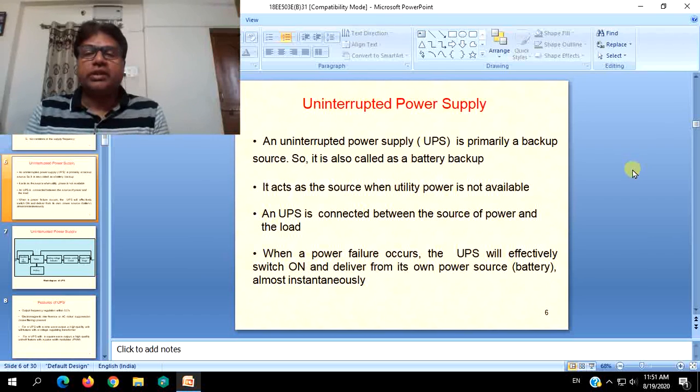When its output voltage is within the proper limits, then only connect it to the load. So this takes time and also it is not automatic.